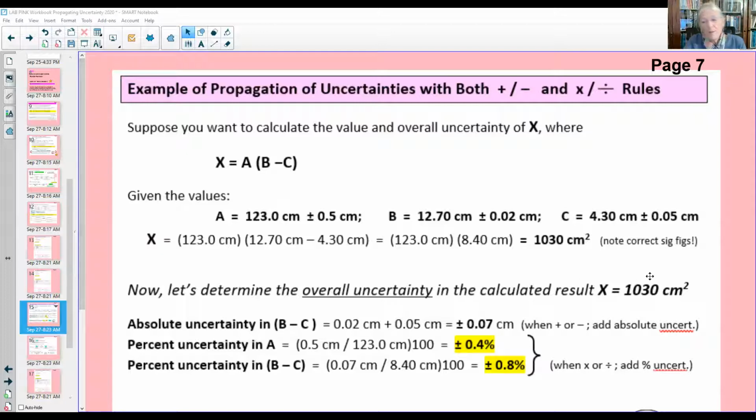So do the math first and notice that this is the mathematical answer. You're only going to express it to 3 sig figs since some of the values only have 3 sig figs after subtracting. It might look like you have 4, well, here you don't have 4 sig figs, but nonetheless, you only write 3 sig figs in your answer.